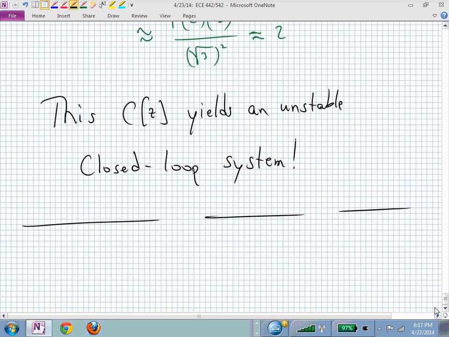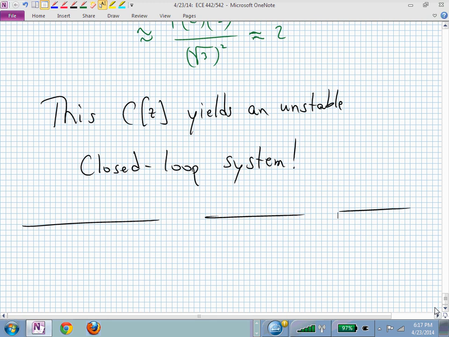Okay, do you want to know what I tried? I said the PI worked. Why don't I just try those triangles? 0.9 plus and minus j0.1. Maybe not such a good idea, but that's what I tried.